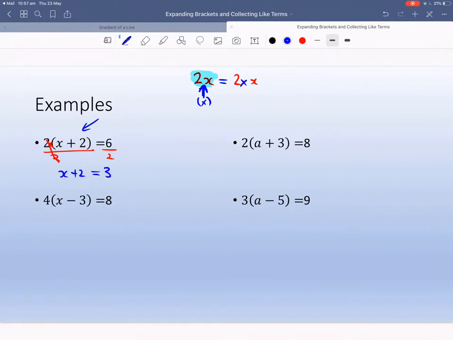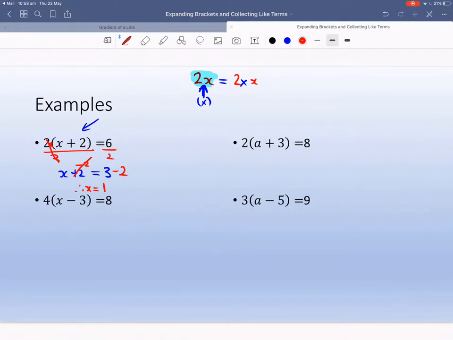So now all I have to unravel now is this plus 2. I have to move it to the other side. What's the opposite of plus 2? Minus 2. So that gets rid of it there. We get rid of it there. So therefore, x equals what? 1, because 3 minus 2 is 1.